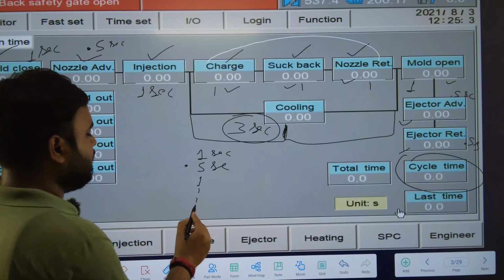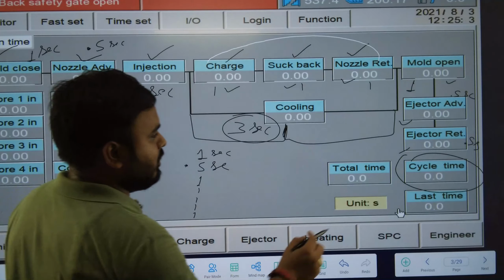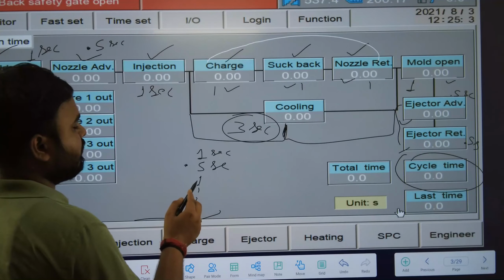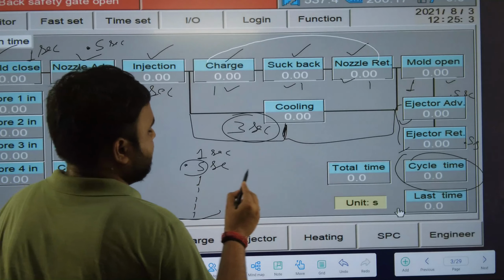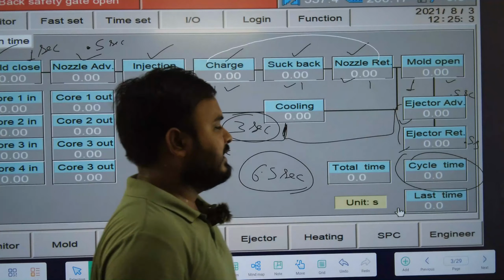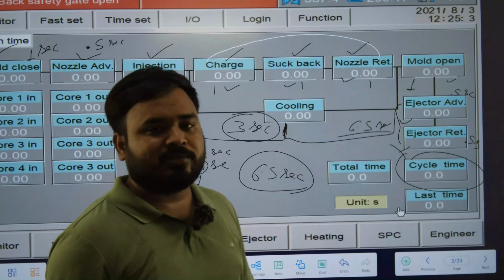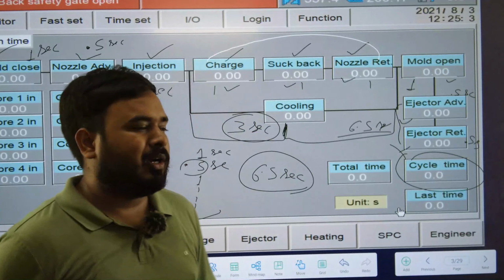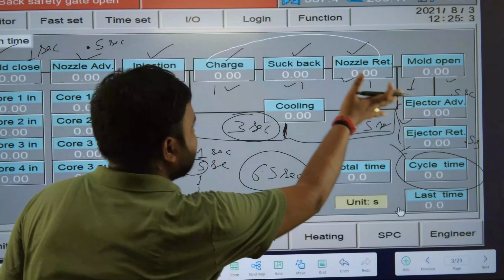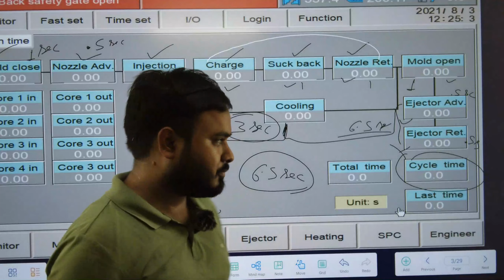Now 1 second for mold open, and 0.5 plus 0.5, that means 1 second for the entire ejector. Now I will calculate the cycle time: 1, 2, 3, 4, 5, 6 and 0.5. That means 6.5 seconds is the cycle time taken to complete this. So this is how you calculate your cycle time. It is a simple method. Cycle time means the time taken by the entire process in making a product.